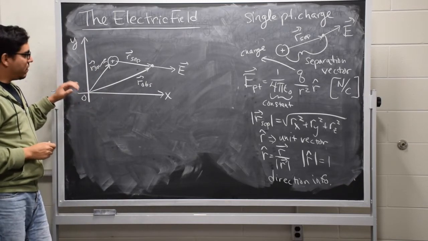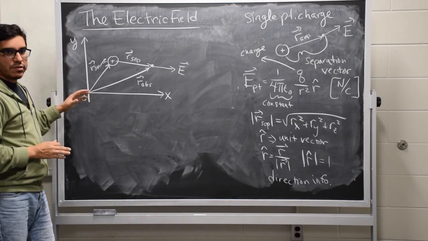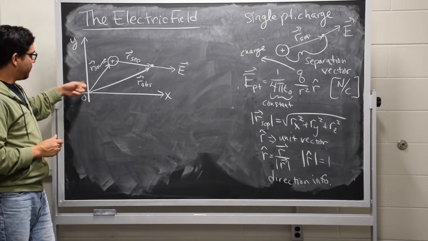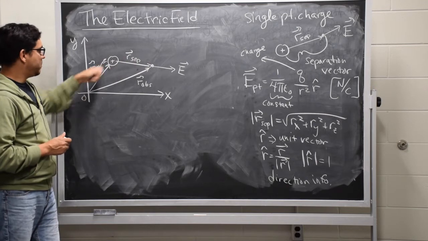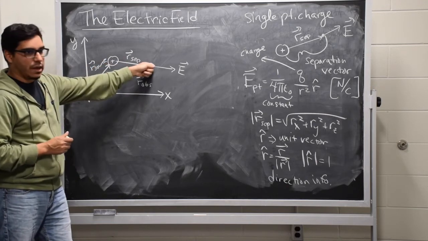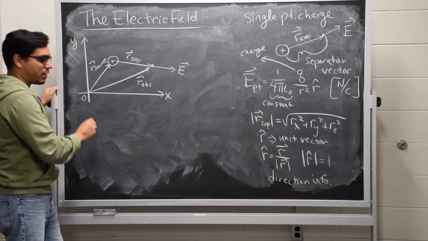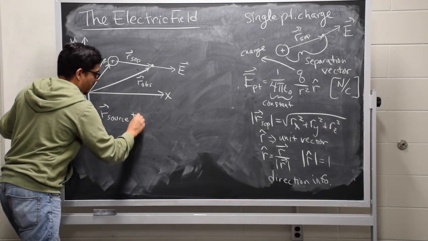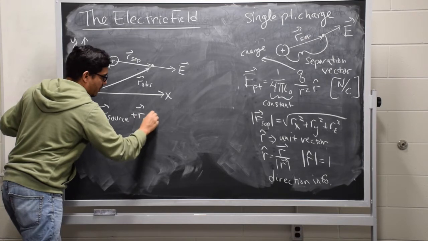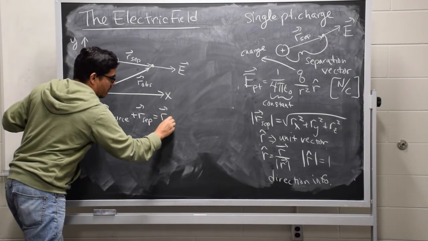Now if you look at this, from the vector mathematics that you've done in other courses, you can see that if you add the source vector to the separation vector, tip to tail, you'll get the observation vector. So we can write that down mathematically as the source vector plus the separation vector gives you the observation vector.